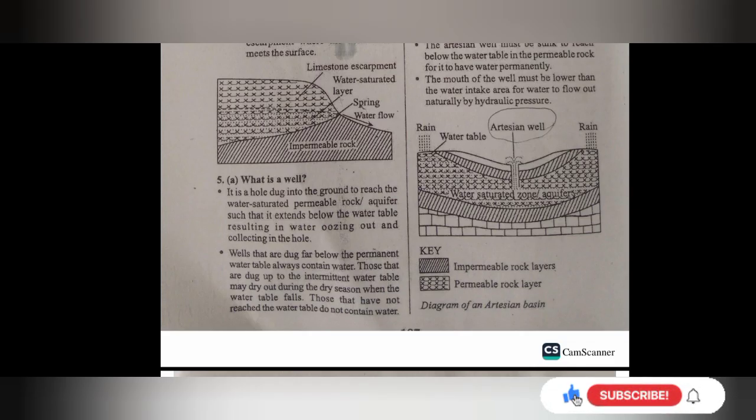Also, I want us to define what we call an Artesian basin. The Artesian basin is more of a saucer-shaped depression which consists of a layer of permeable rock that is sandwiched between two layers of impermeable rock. And it's important to know that the whole system of the rocks around the basin normally forms a syncline.